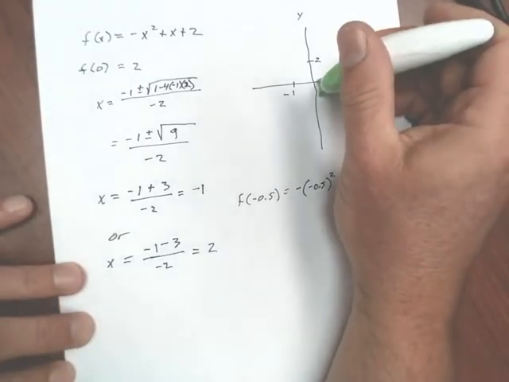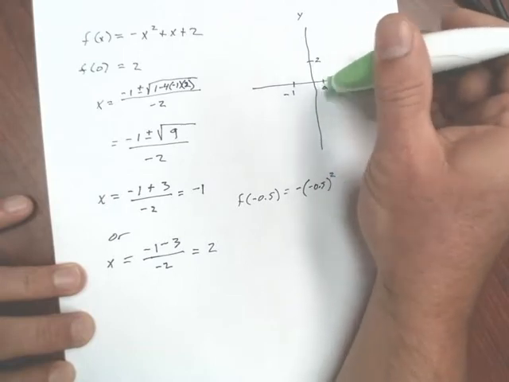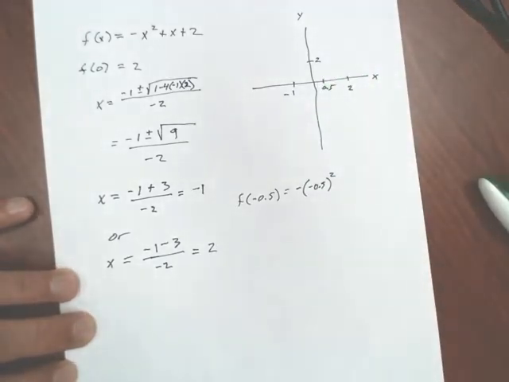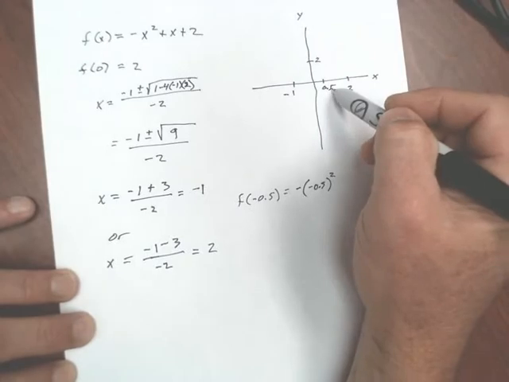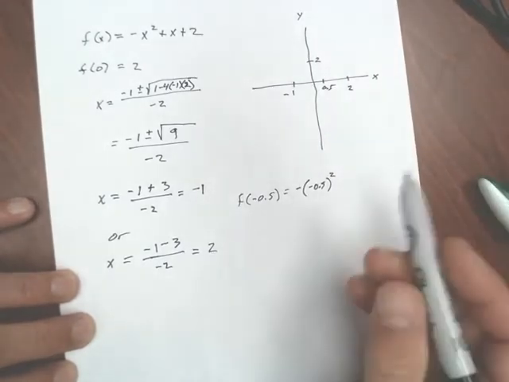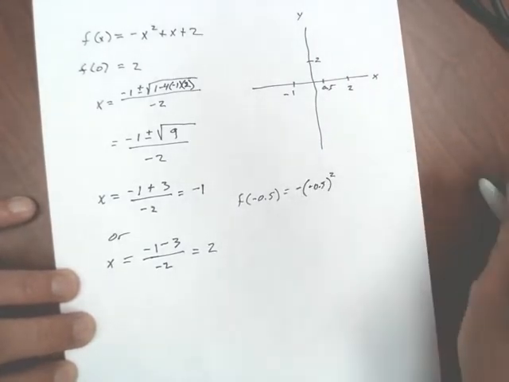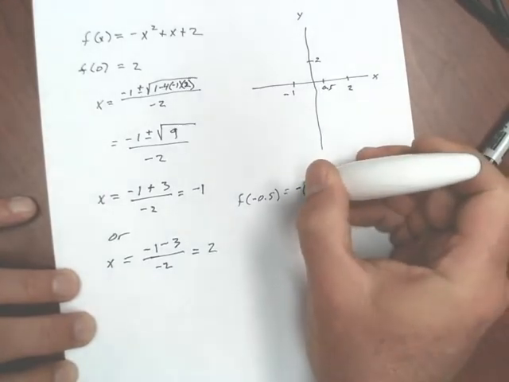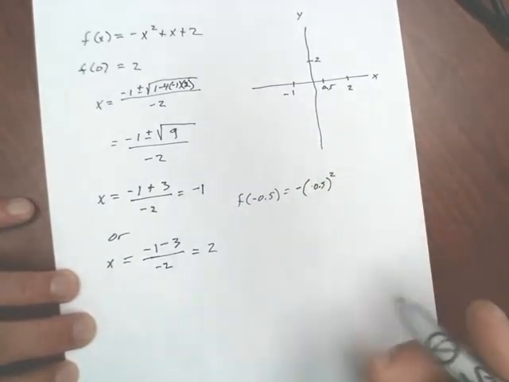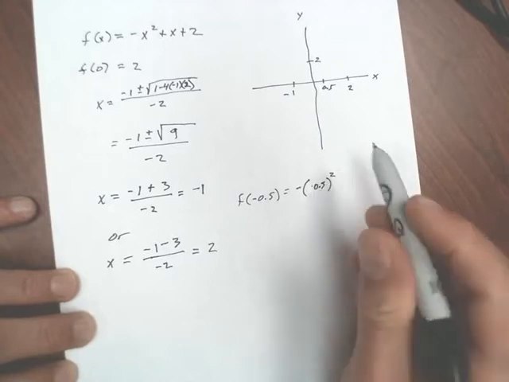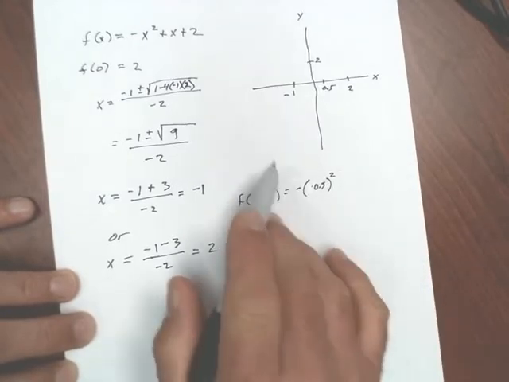For some reason I had the problem we did earlier on my mind. The axis is not -0.5, it is 0.5. Duh. Let me get rid of this negative sign. So this would be -0.5 squared.